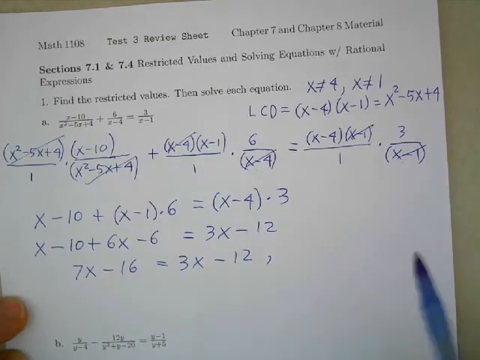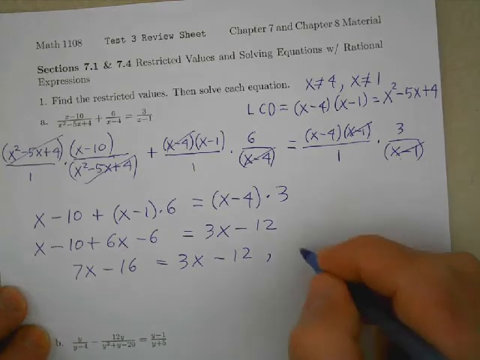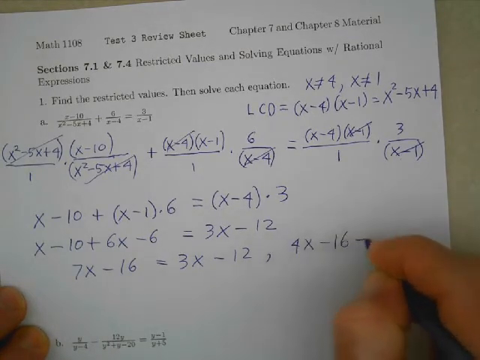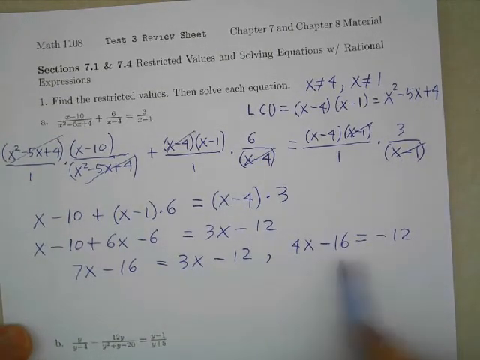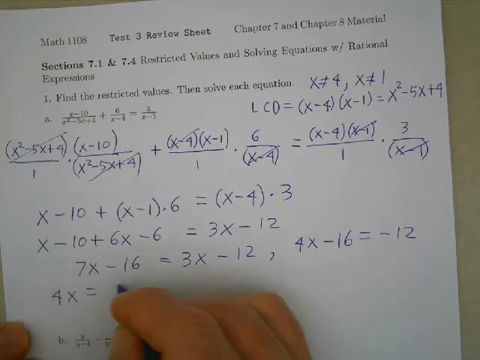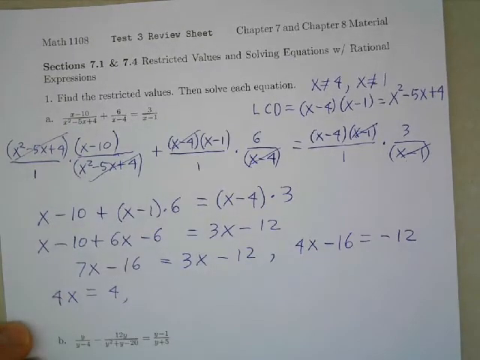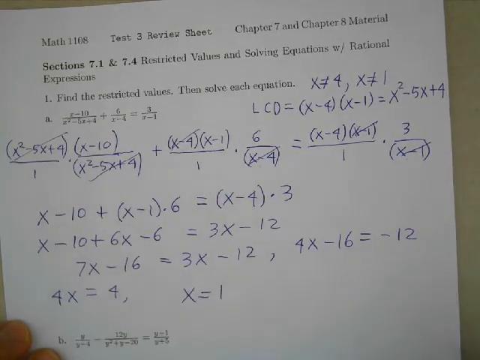In the next step, I'll just subtract 3x from both sides, and that will give us 4x minus 16 equals negative 12. And then add 16 to both sides, so we get 4x equals 4. And then divide both sides by 4, we get x equals 1.